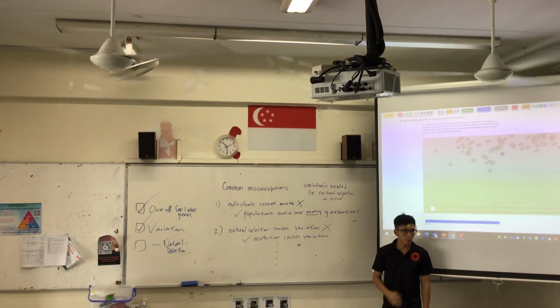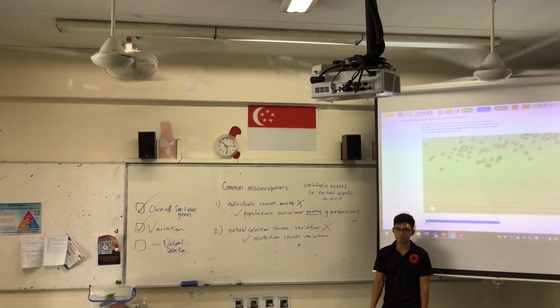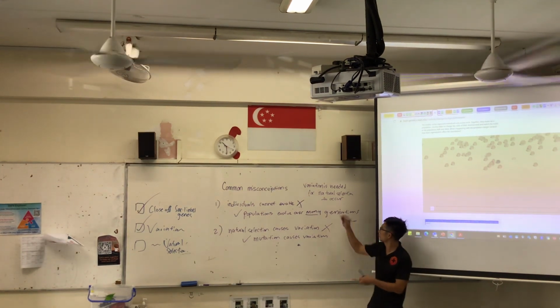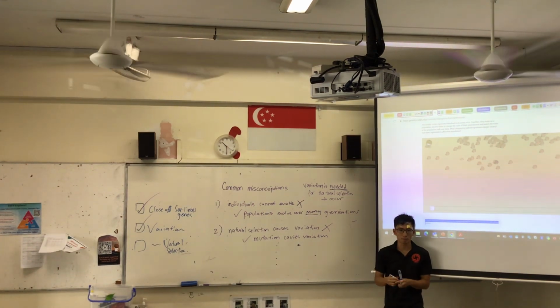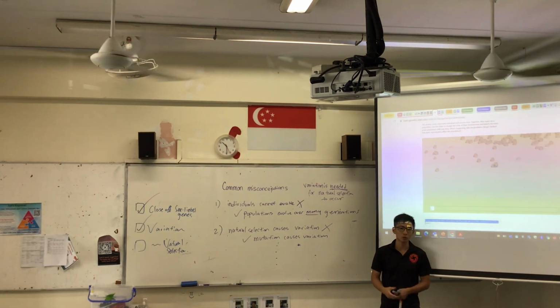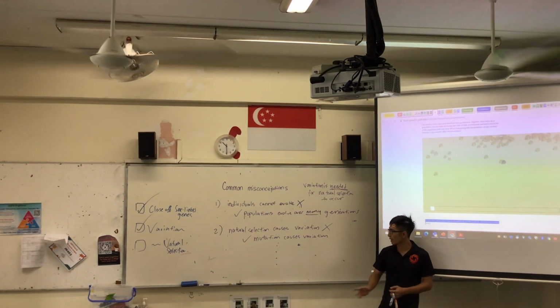Agree? If we are all the same, the environment has nothing to select for. Okay? Variation is needed for natural selection to occur. If there's no difference in the population, the environment has nothing to select for. Everyone has equal chance of survival.